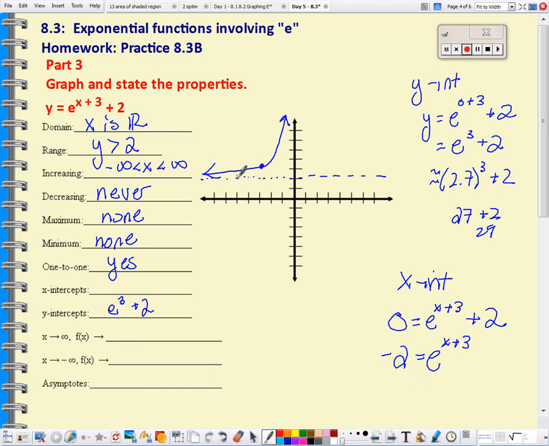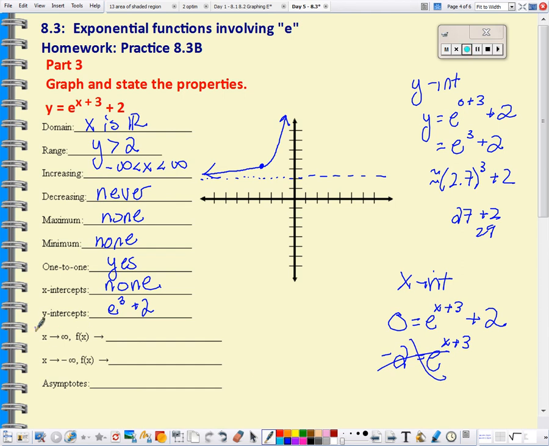I have an asymptote here. My graph's never going to go below it. Will my graph ever then touch the x-axis? It will not. So we actually have no x-intercepts. Or I can think here, e is 2.7. Can I raise that to any power to get a negative? Nope.